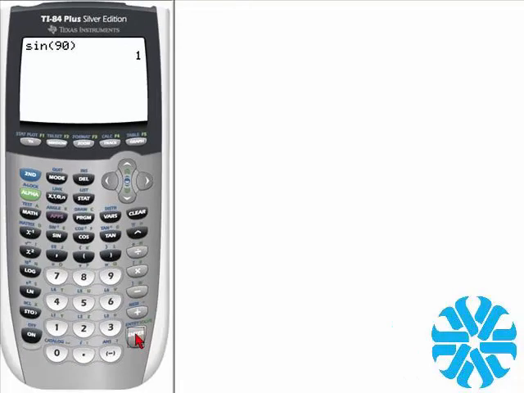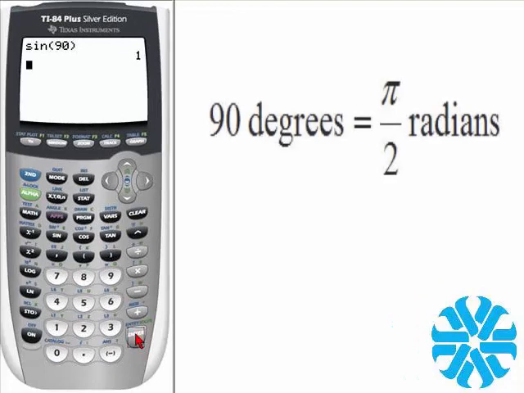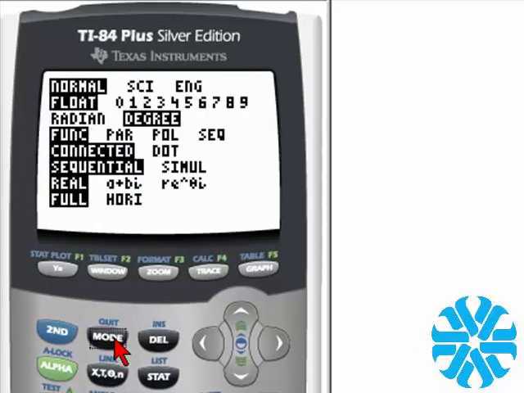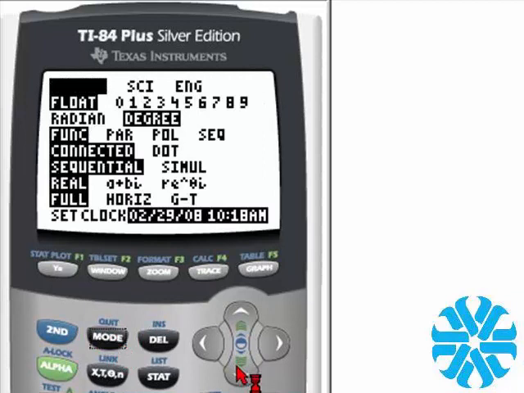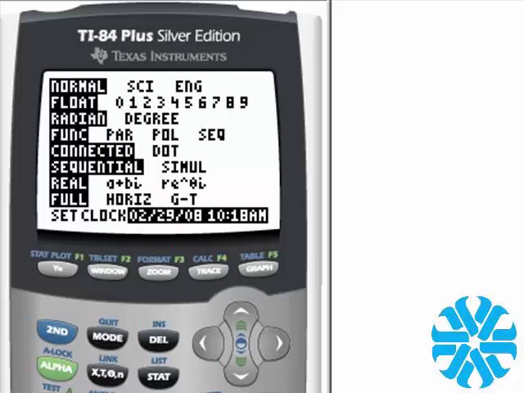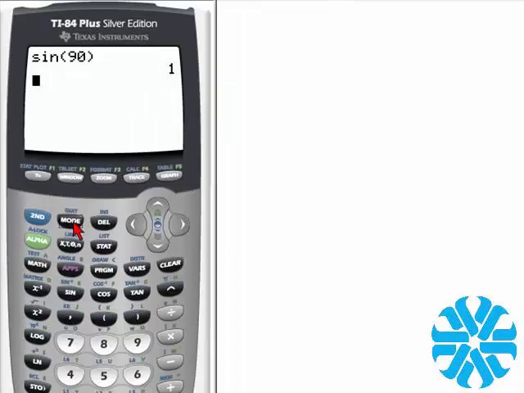Now 90 degrees is equivalent to pi divided by 2 radians. So let's go back to the radian mode. So we'll go Mode, and let's select radian mode. So move the cursor to the left, which it already is flashing there, and then we will hit Enter to select it, and then we will get out of this screen.